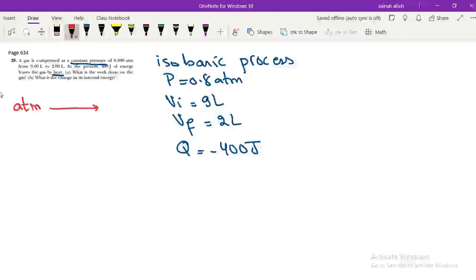From atmosphere to Pascal, I multiply by 1.013 times 10 to the power 5, which is usually given in the exam, and it's given as 10 to the power 5 as an approximation. If I'm going to change from liter to meter cube, because liter is not the SI unit of volume, I have to multiply by 10 to the power minus 3. So this is the way we change to SI units.